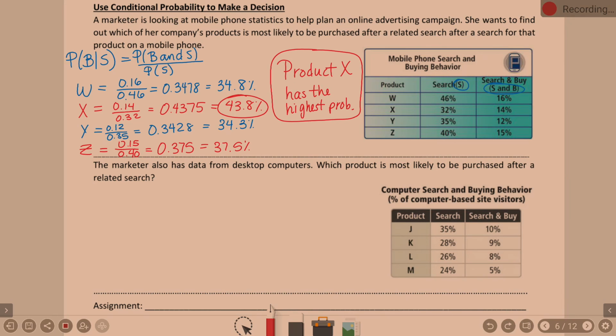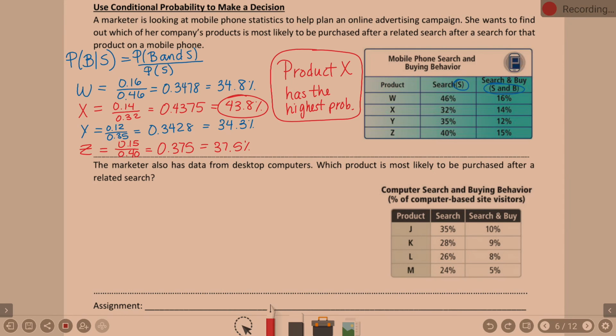Next example is very similar, isn't it? Have you read it? Did you look at it? The same marketer also has data from desktop computers. Which product is most likely to be purchased after a related search? So last time it was phones, this time it is computers. Can you do the same thing for J, K, L, and M?